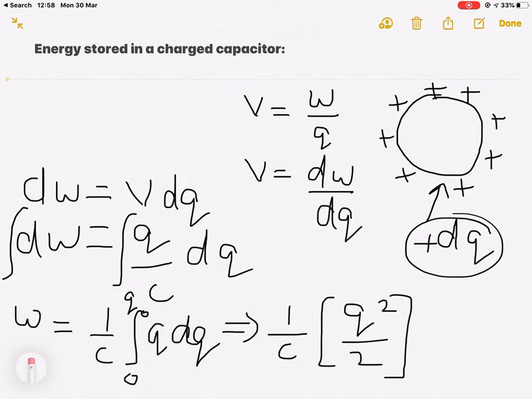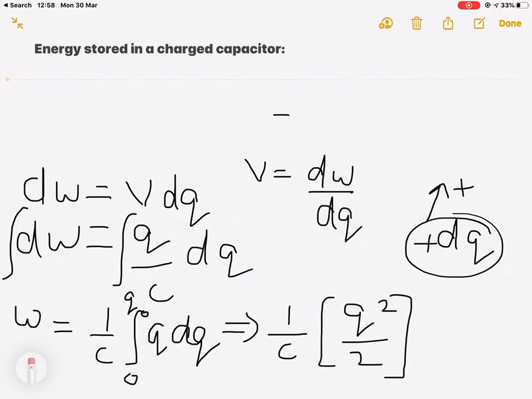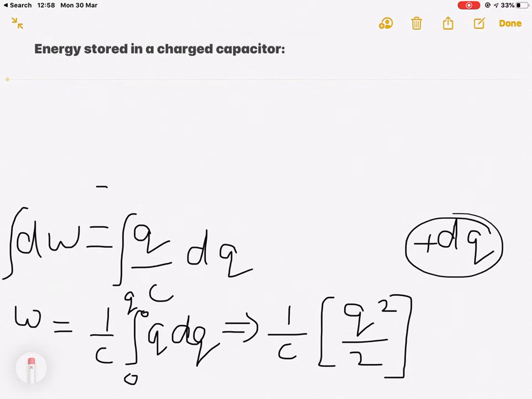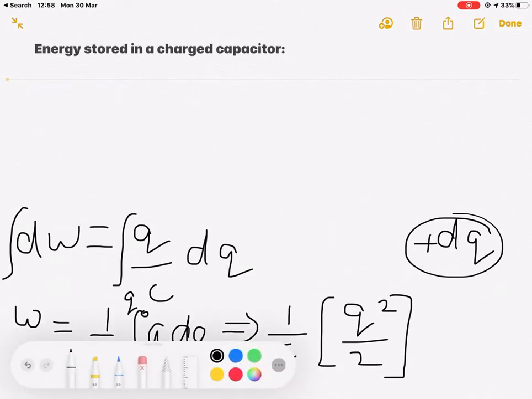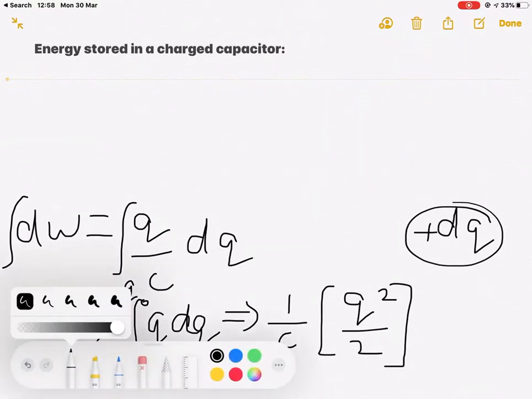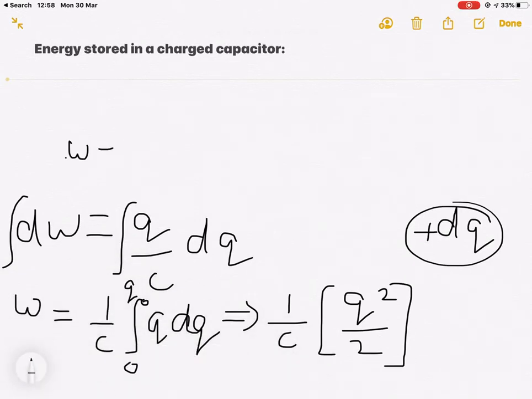So when we substitute these limits, our equation will become W is equal to 1 by 2C into Q naught square minus 0.